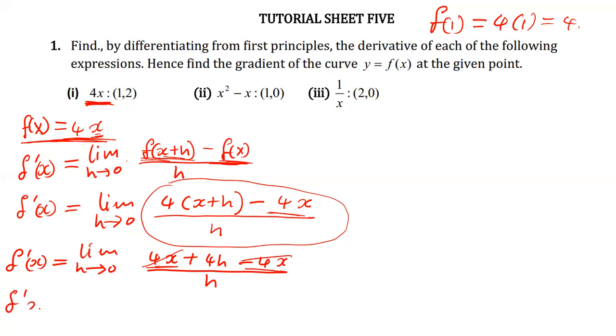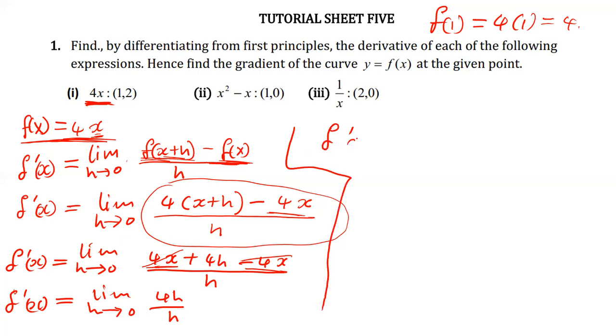F prime of x is equal to the limit as h approaches 0 of 4h over h, which when simplified is going to be f prime of x is equal to, this h will cancel with that h, meaning we're going to have the limit as h approaches 0 of 4.